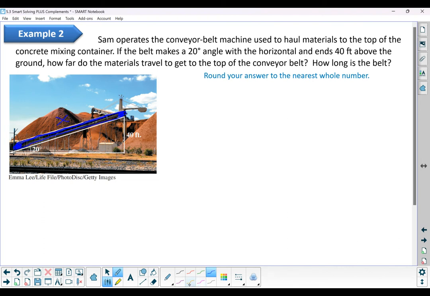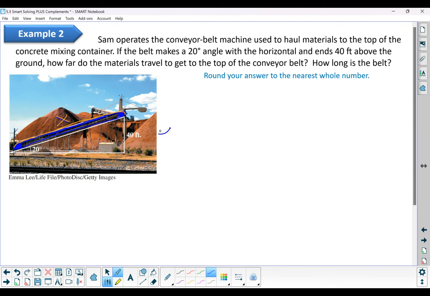So that's our x value. Let's see, maybe this will show up better. So this is our x value, how far the material travels. We have that 20-degree angle down at the bottom, and we have the 40-foot height. So this 40 feet, that's our opposite side. None of my colors show up good on this.